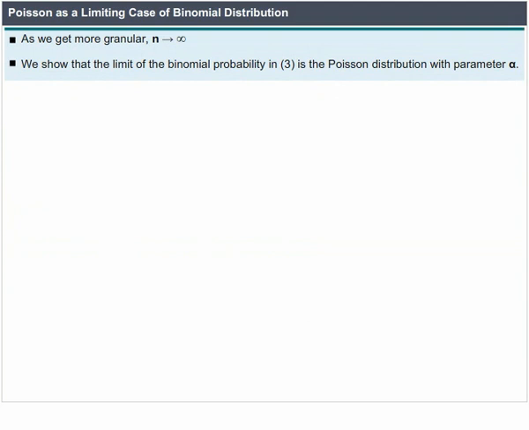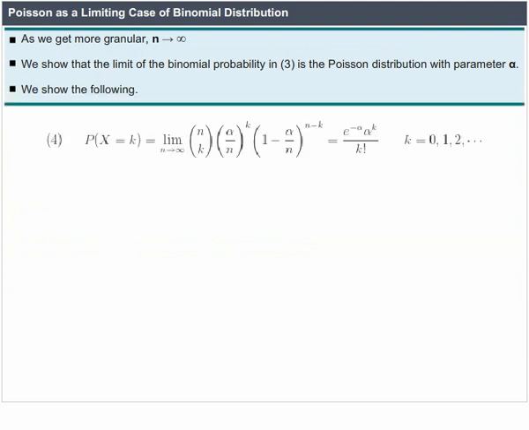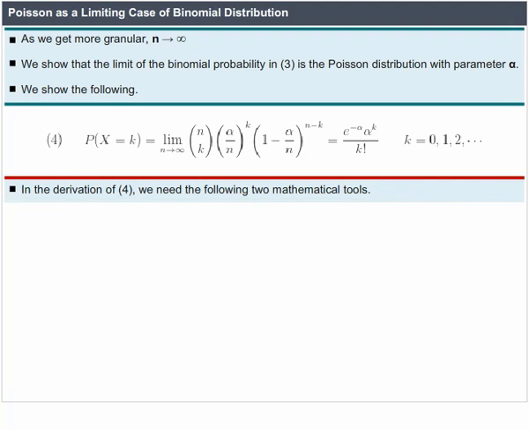We show the following. Equation 4 implies probability of X equal to k equals the limit as n tends to infinity of n C k, alpha by n whole power k, 1 minus alpha by n whole power n minus k, which equals e power minus alpha, alpha power k divided by k factorial, where k is equal to 0, 1, 2, etc. In the derivation of equation 4, we need the following two mathematical tools.